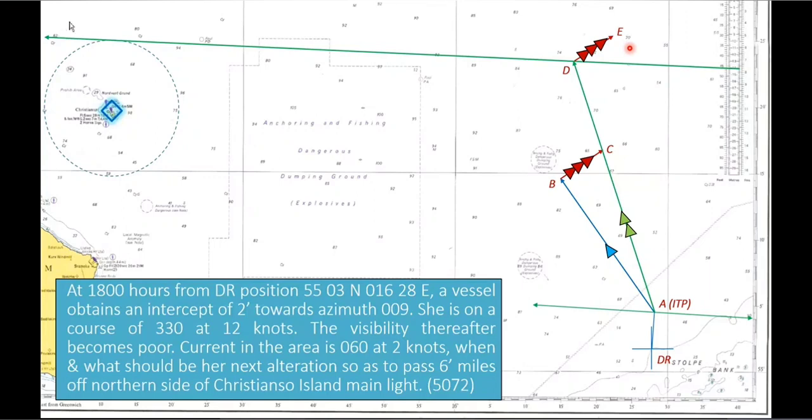Now to find out the CTS, I open up my compass equal to my engine distance of 1 hour. That is, in this case, 12 miles. With the compass open at 12 miles, centered at point E, I draw an arc to cut my second course made good line. So let's draw that arc.